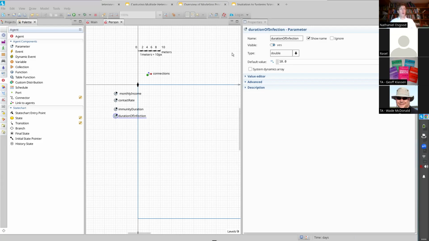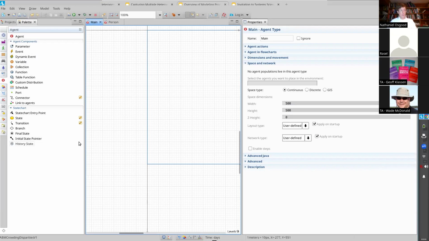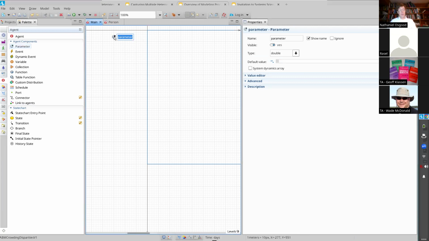Next, we're going to go up to main. We're going to set some parameters for them. So in main, we're going to have some parameters that will give default values to use at a person level, and reference values that we'll be able to use.